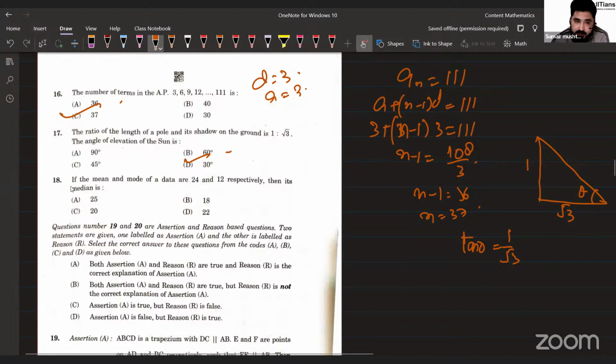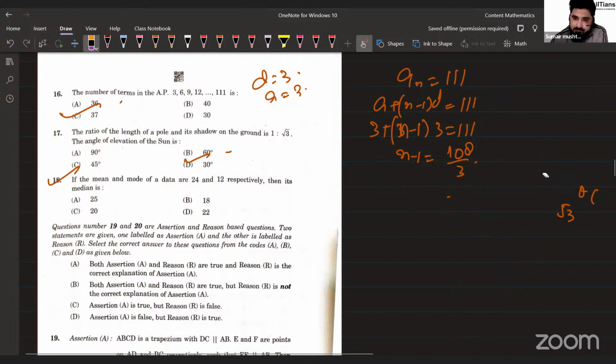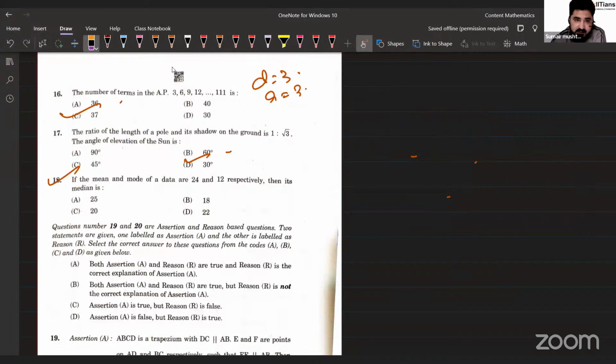Which formula you have to use here? Mean minus mode. What's the formula, guys? Come on, tell me. Mean and mode. So what can I do? Mode will be equal to 3 times median minus 2 times mean.